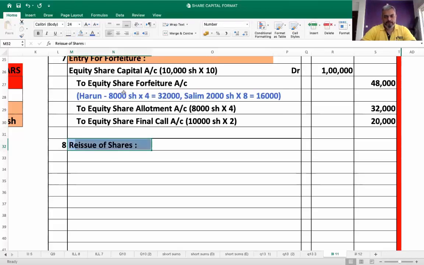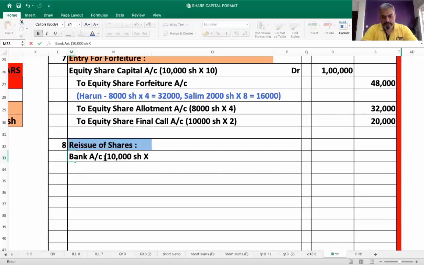Now when we are reissuing the shares, first effect is bank account. Now we are reissuing all the 10,000 shares. So 10,000 shares into rupees 7.5 debit, so 75,000.